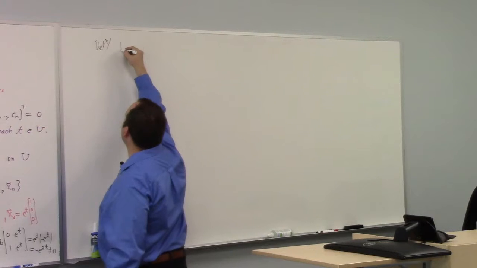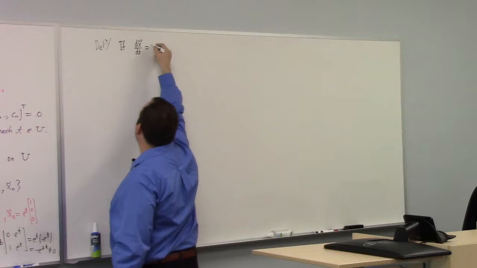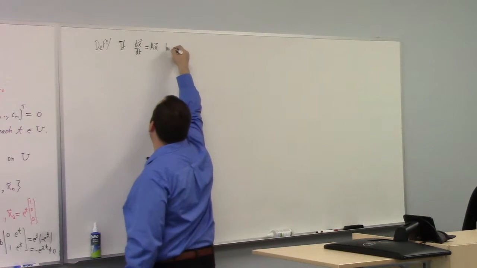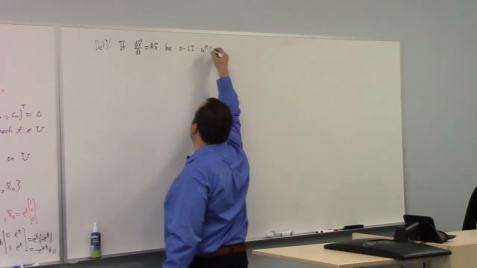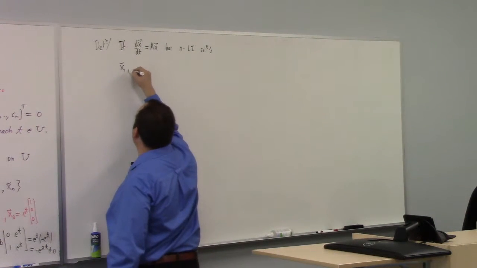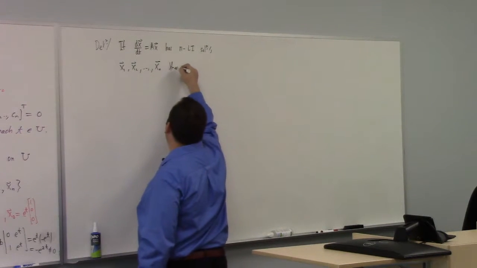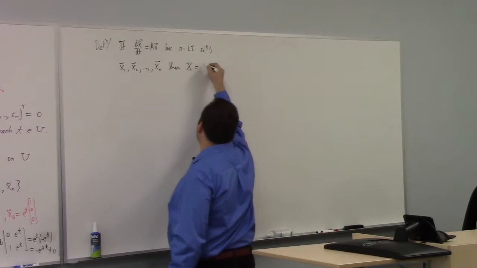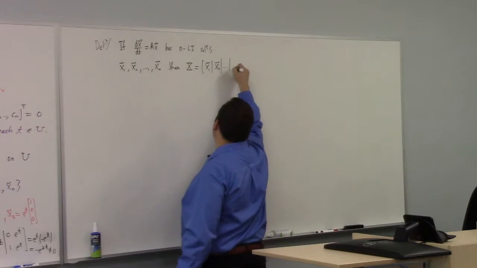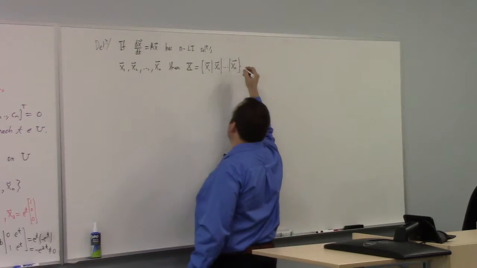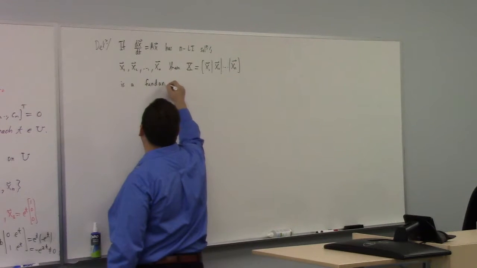If we study dx/dt = Ax, which has n linearly independent solutions, x1 vector, x2 vector, xn vector, then big X, which is the concatenation of these, x1, x2, xn, is a so-called fundamental solution matrix.